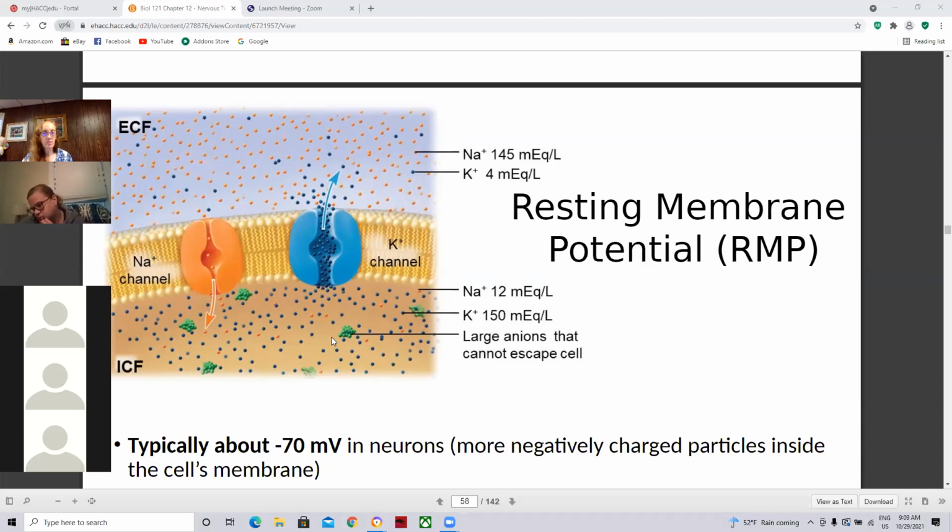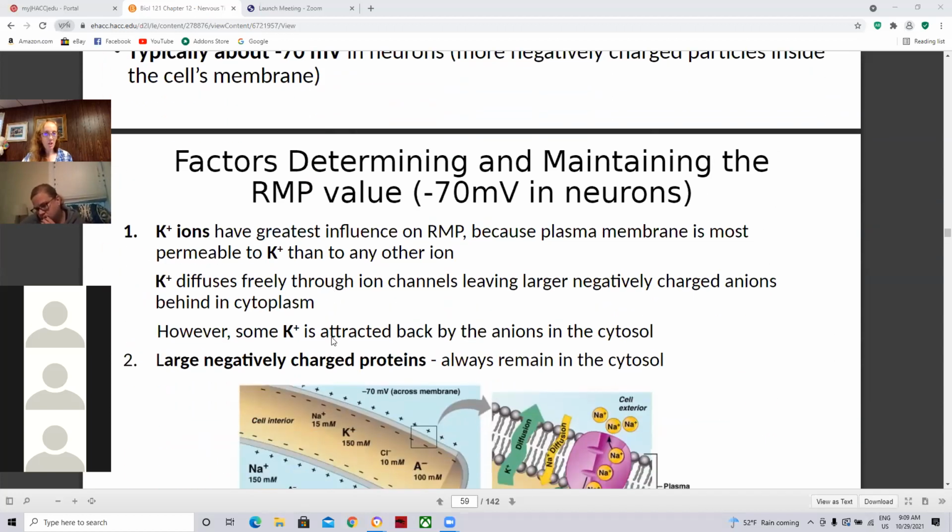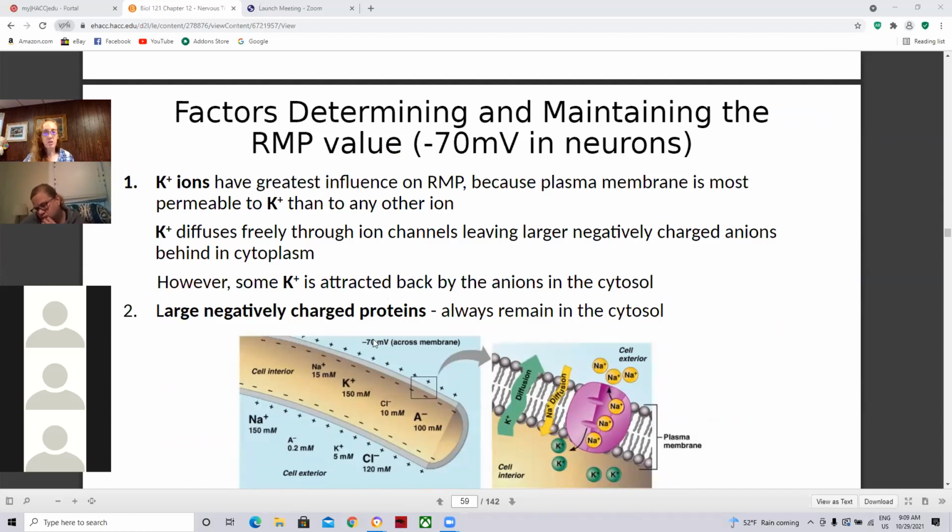With this in mind, here are the factors that determine and maintain the resting membrane potential. The key one is potassium ions. They have the greatest influence on the resting membrane potential because the membrane is more permeable to potassium than any other ion.